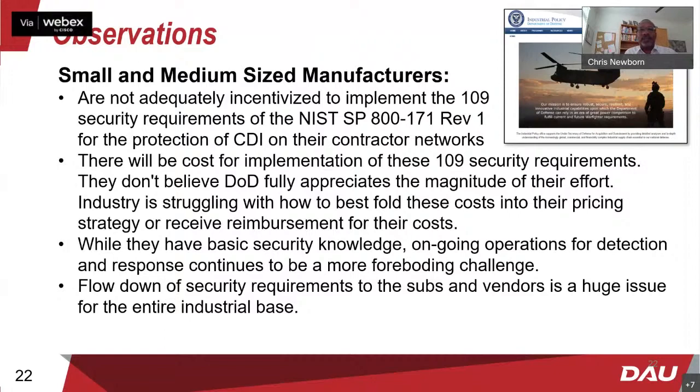That was definitely a misconception, and it's very hard to figure out how to add these extra costs into your existing business plan without elevating your price point, which makes you less competitive and less interesting to other primes and subs to pick you to do the manufacturing. So that's the first thing.